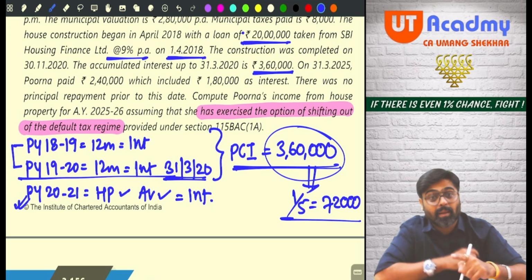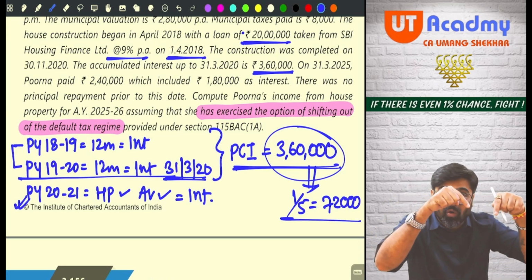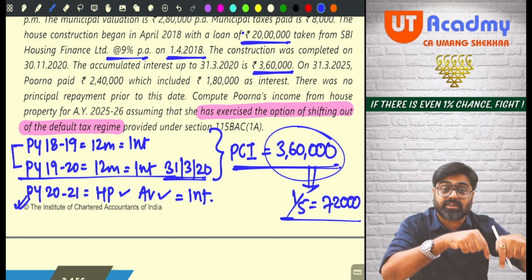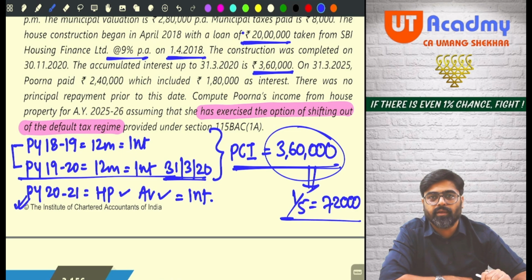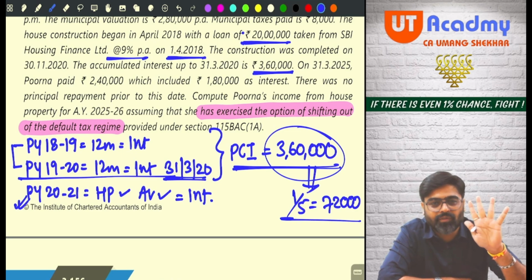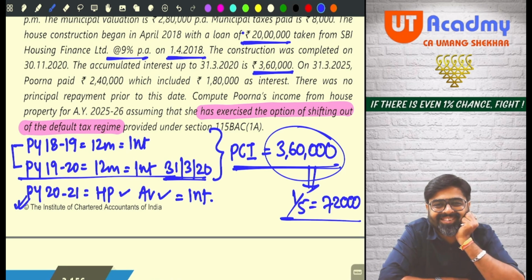1 lakh 80 plus 72,000, 1/5 amount of pre-construction interest coming for the last time in my previous year, 5th installment. So how much is the total interest? 2,52,000. Got it? Sure.